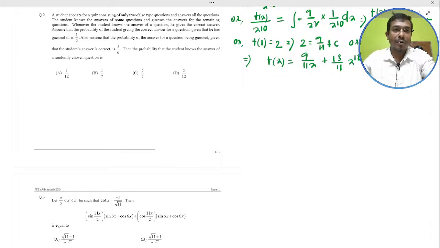Assume that the probability of the student giving the correct answer for a question, given that he has guessed, is half. Also assume that the probability of the answer for a question being guessed, given that the student's answer is correct, is 1 by 6. Then the probability that the student knows the answer of a randomly chosen question is what? Try yourself and give me feedback with the answer.